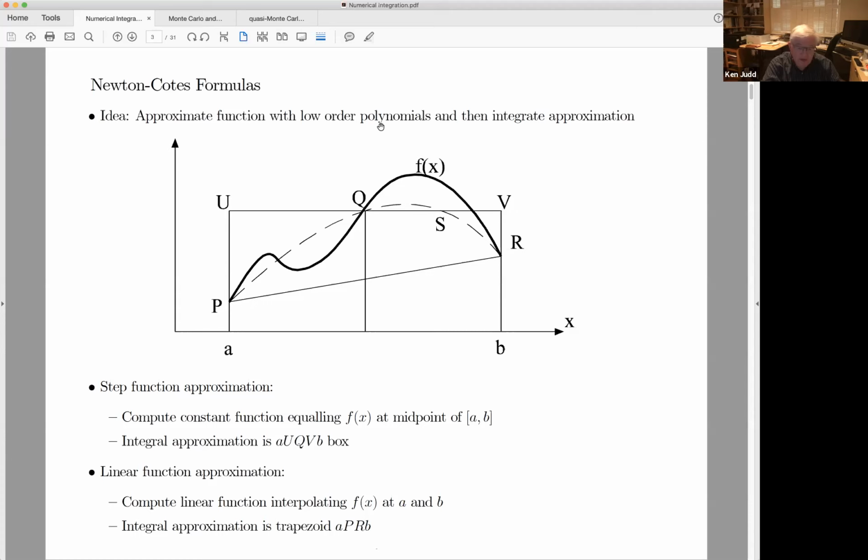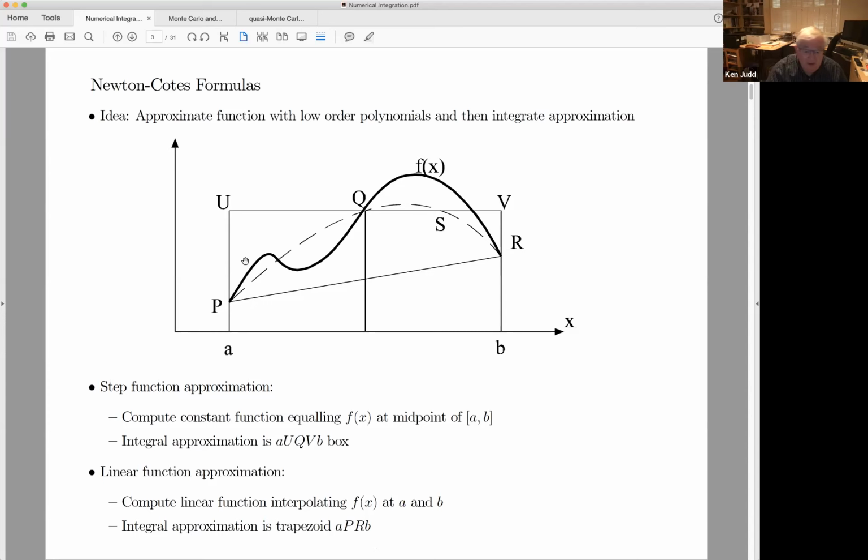Now, the first kinds of integrals, and this you all should have had in your calculus class, are the Newton-Cotes formulas.